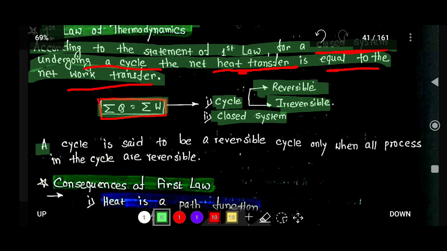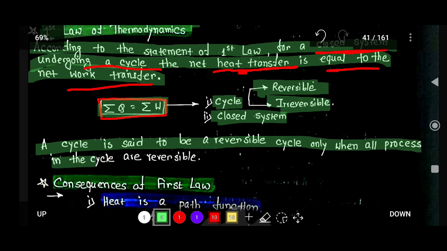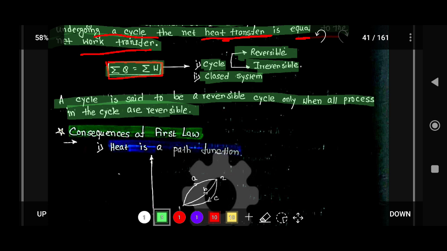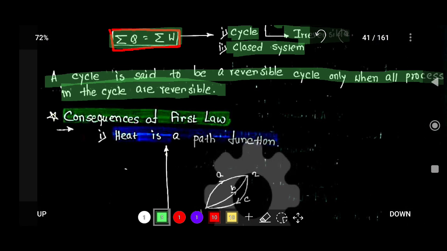Now, a cycle is said to be a reversible cycle only when all processes of the cycle are reversible.